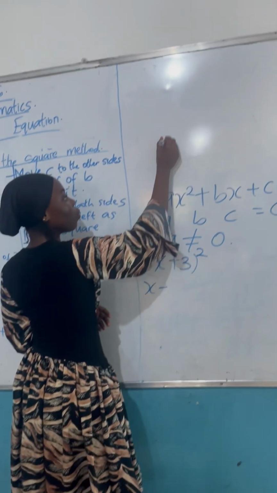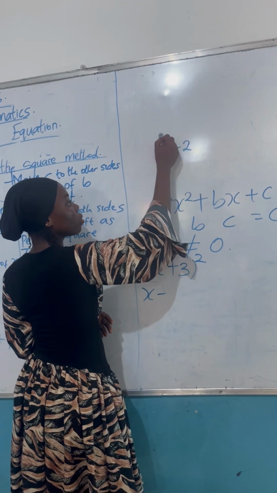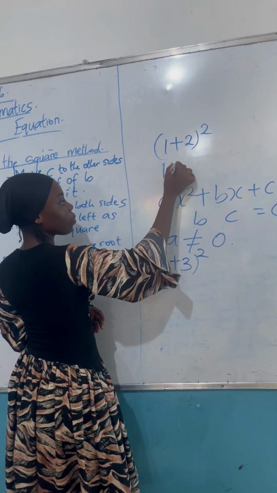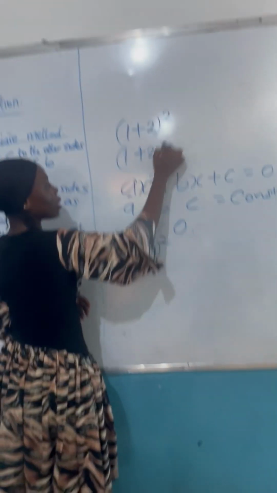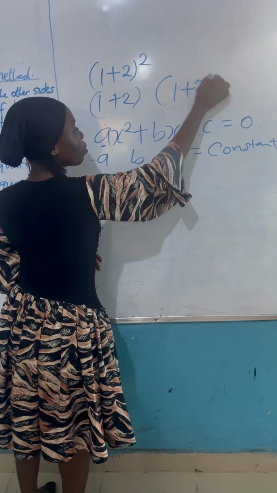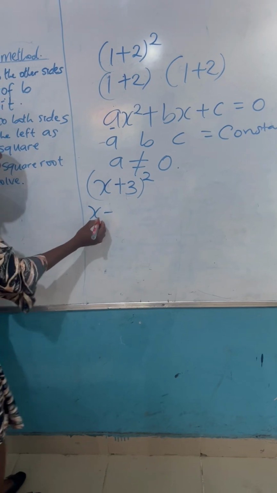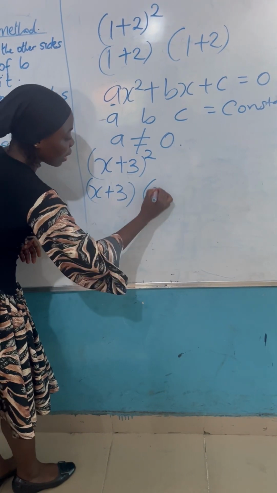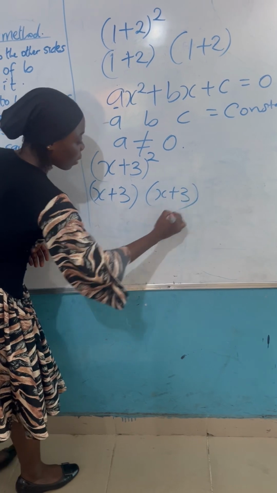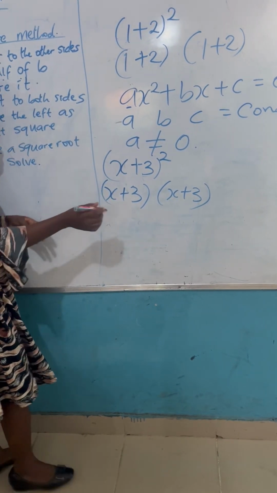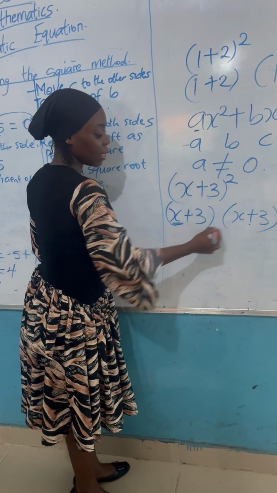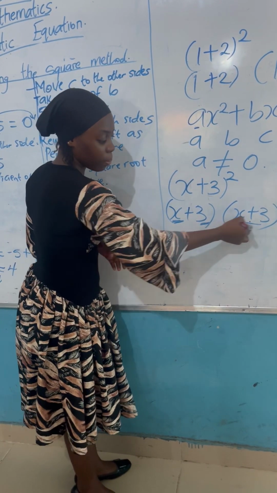Let me say 1 plus 2 raised to power 2 is the same thing as 1 plus 2 times 1 plus 2. So this is what we are doing here: x plus 3 times x plus 3. We pick a value here and use it to multiply this.